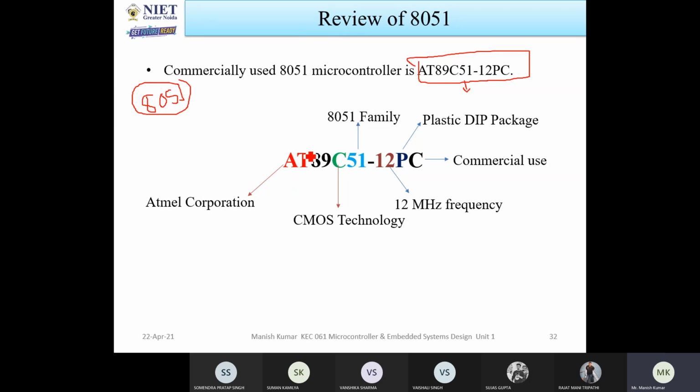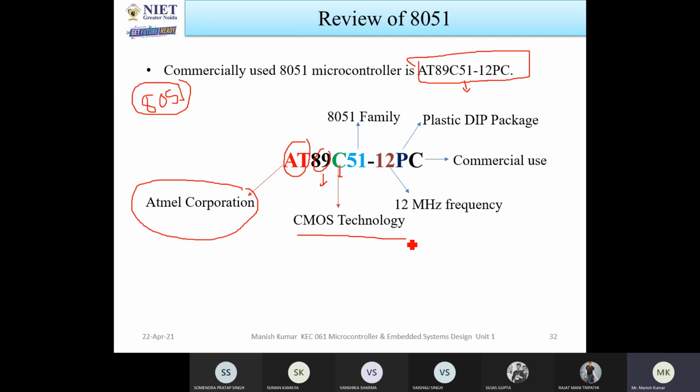The first part, AT, is indicated by the manufacturer company. This IC is manufactured by Atmel Corporation. Next is the 89 series, no need to worry about that. C indicates that it is manufactured based on CMOS technology.